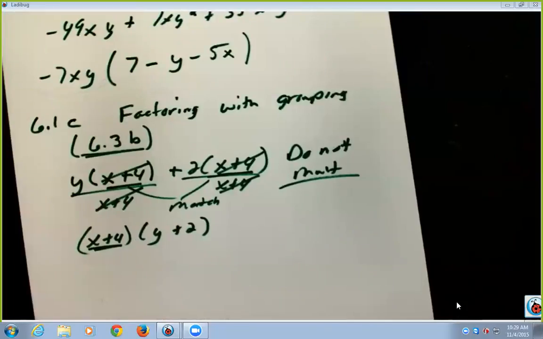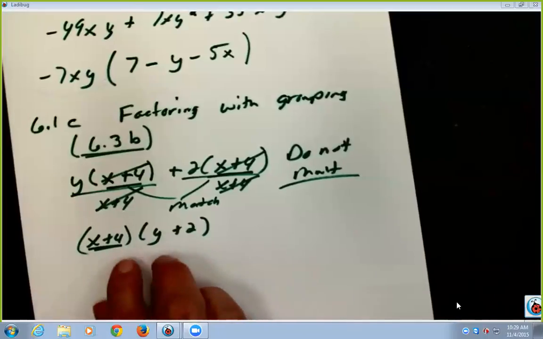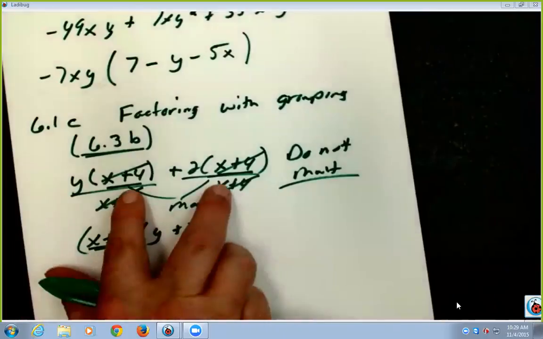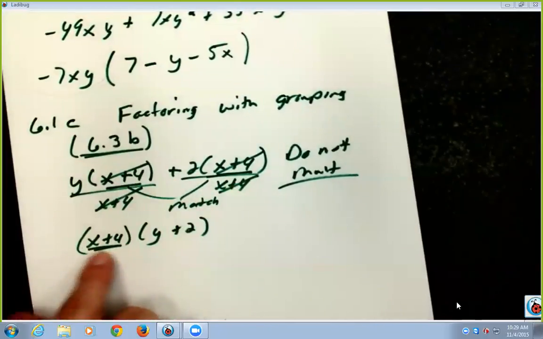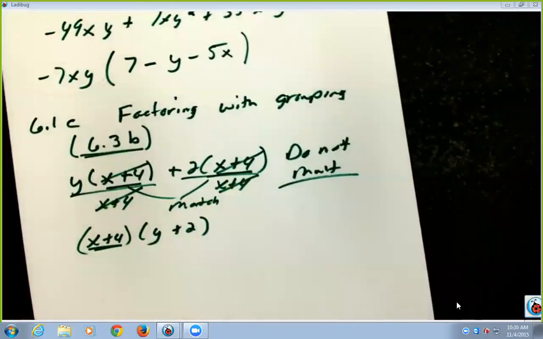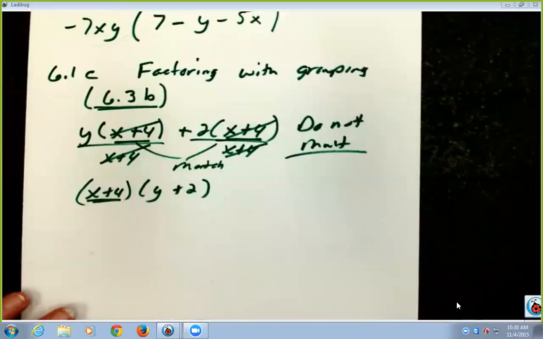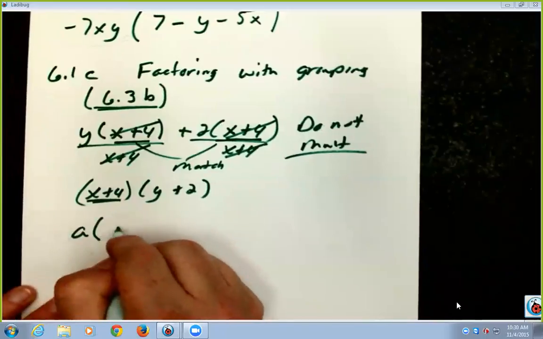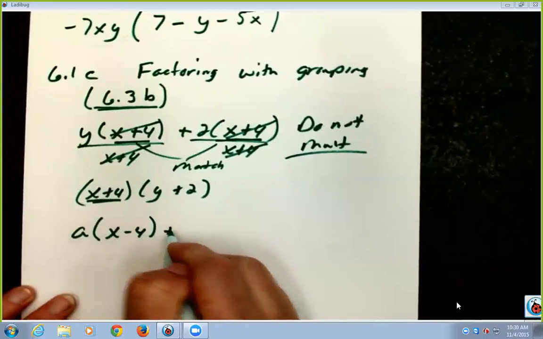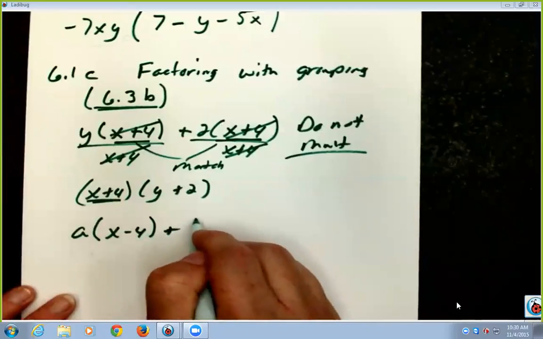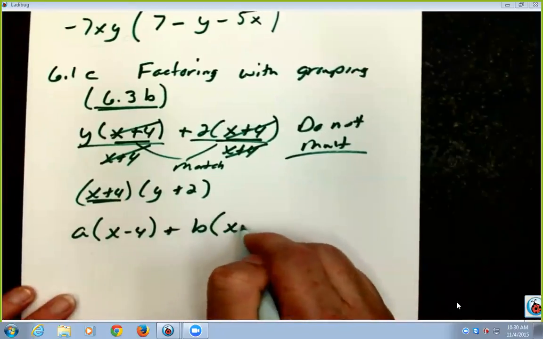Later on, when you go to take your test in this part, I can guarantee somebody's going to look at this and say, what? How am I supposed to do that? It's pretty simple, pulling that x plus 4 out, but you kind of forget about it later on. But I'll try to remind you so that we remember to pull that piece out. So what about this one? A times x minus 4 plus b times x minus 4.